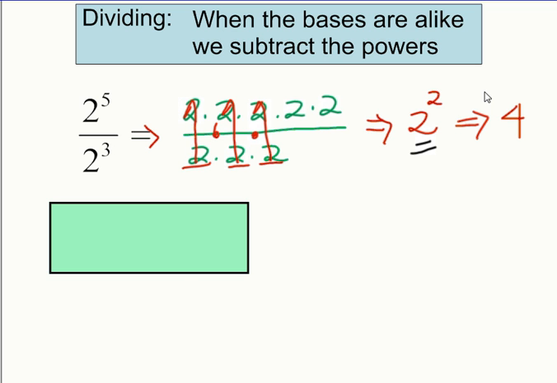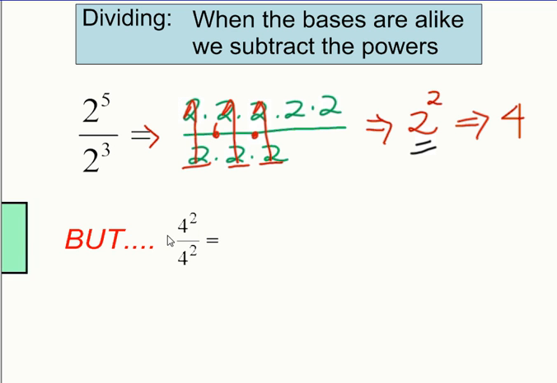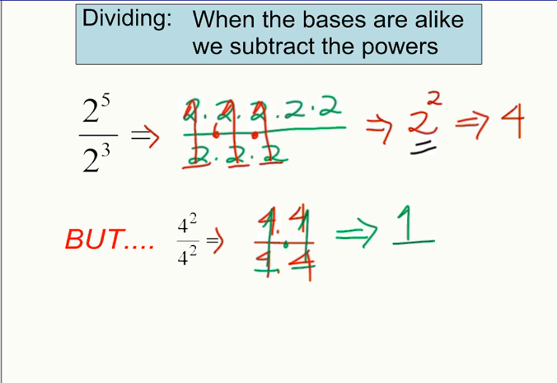So we'll write here. Now, I told you we were going to come back to this, didn't I, about zero exponents. Let's think about what this means. Okay? Let's put out, this is 4 times 4, and the bottom is 4 times 4. We know that these are giant ones, aren't they? 1 times 1. And 1 times 1 is just 1.